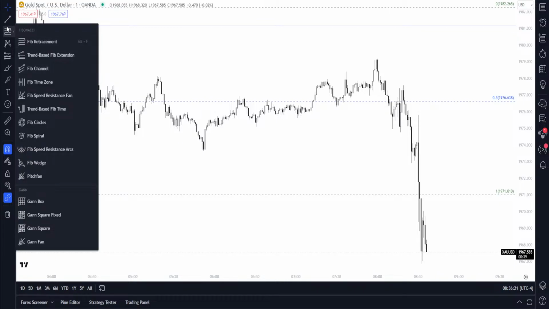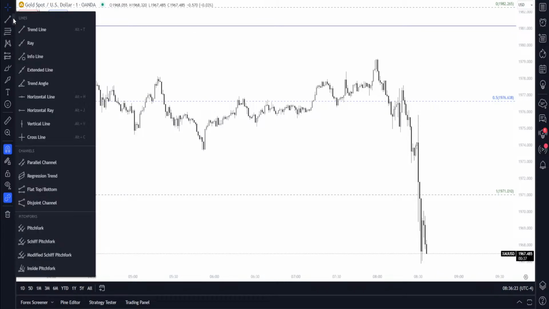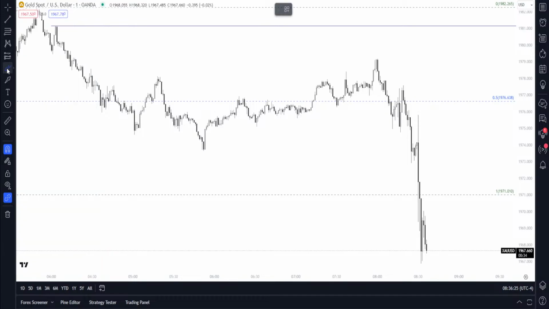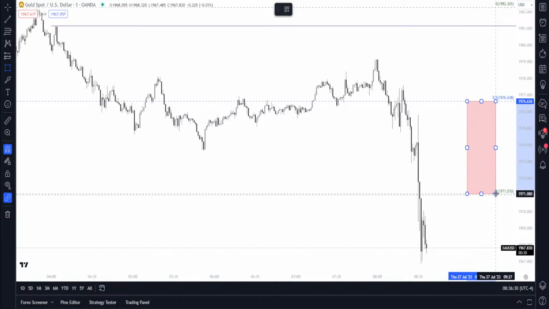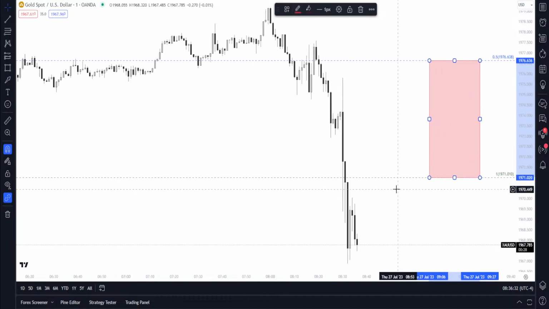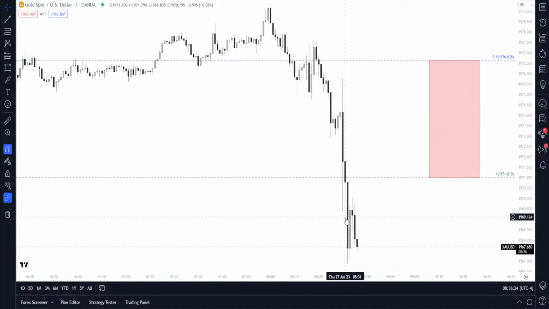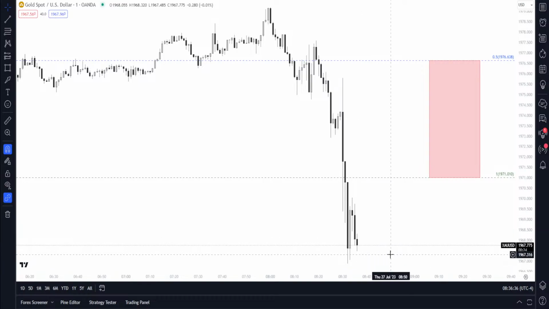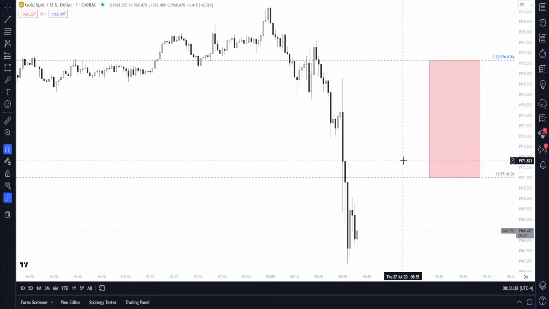So if it is bearish, let me go ahead and see if I can draw a rectangle. It's going to test this area right here again. So hopefully we could get a signal down here to push it back up into here.